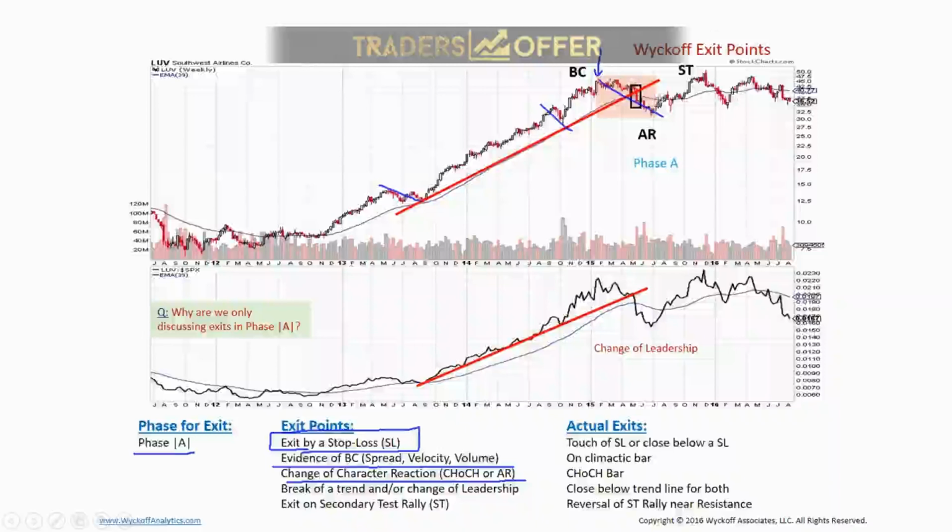So we could see this quite visible, this change of character is. And also we are seeing that a break of the trend is happening actually on the change of character bar, which is the biggest bar right here. Supply is coming in, confirming that this indeed is a valid break of the trend and is a valid change of character.